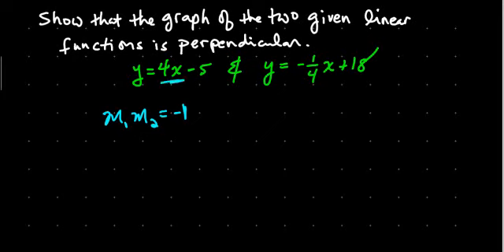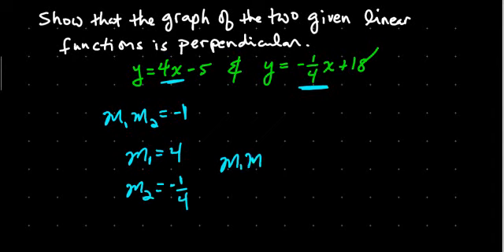So from here, let's get m1 equals 4. From here, let's get m2 equals negative 1/4. So we look at m1 times m2 equals 4 times negative 1/4, which does indeed equal negative 1.